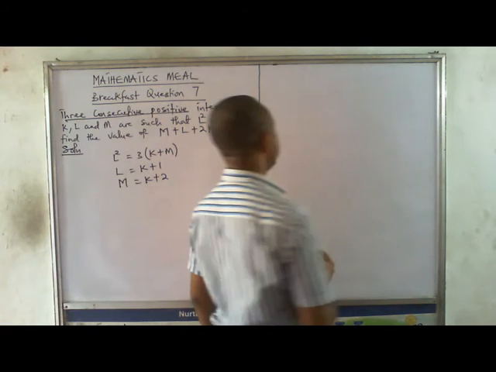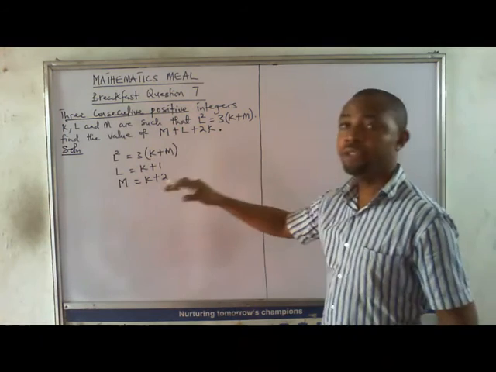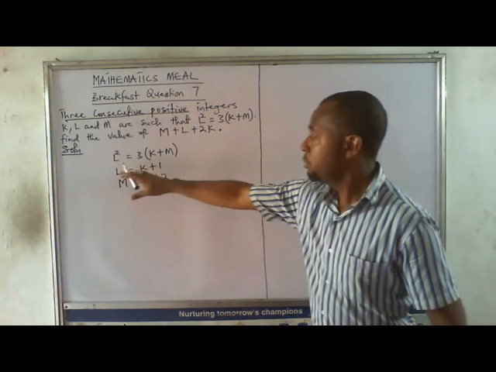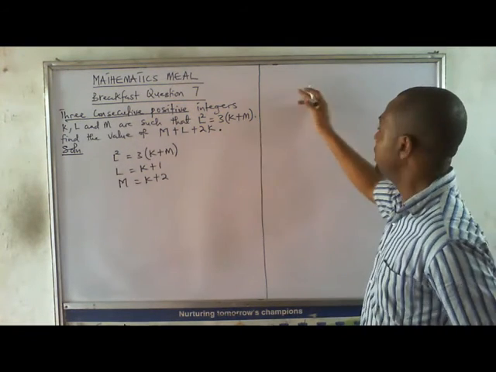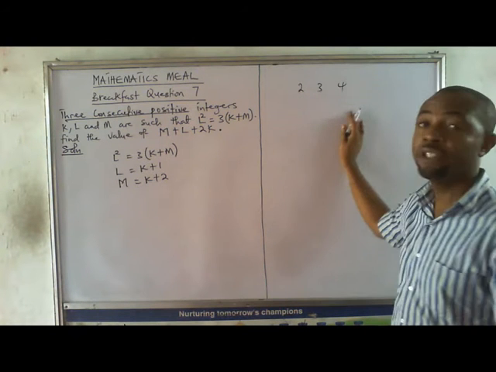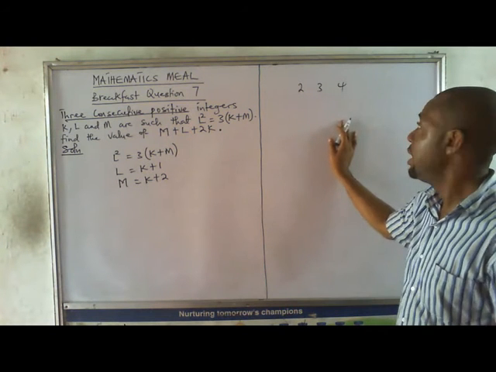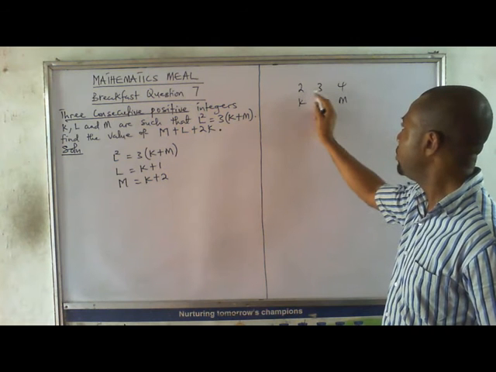Let's go this way so that we will not be confused. We are talking about 3 consecutive positive integers. If I have, let's say, 2, 3, 4, they are 3 consecutive positive integers. If this is k, this is l, and this is m, the difference between them is 1.